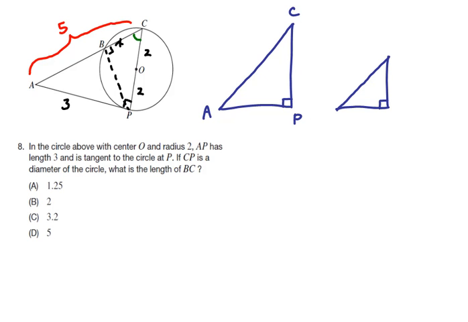Well, with the large triangle, we have triangle ACP, where C is the angle that is going to be congruent to an angle in the other triangle.